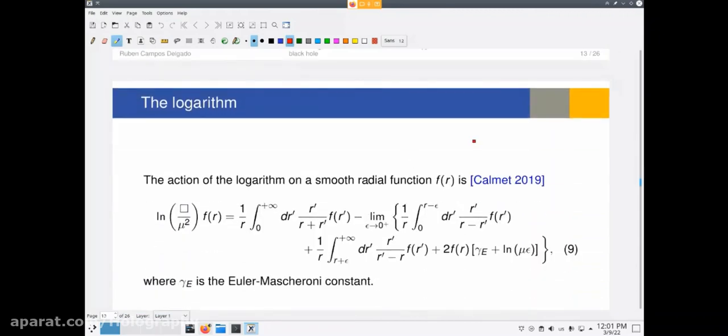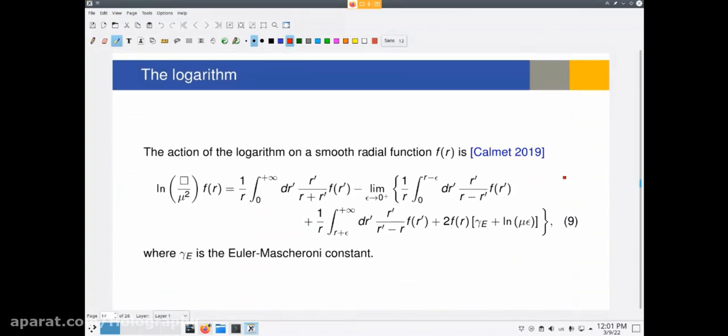As it was shown in 2019 by Calmet, the action of the logarithm on a smooth radial function is given by this expression here, where gamma_E is the Euler-Mascheroni constant. So here you see, for example, the presence of this logarithm of mu epsilon. So in principle, this term is infinite because we are sending epsilon to 0.